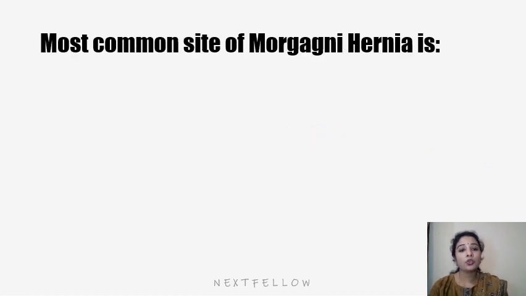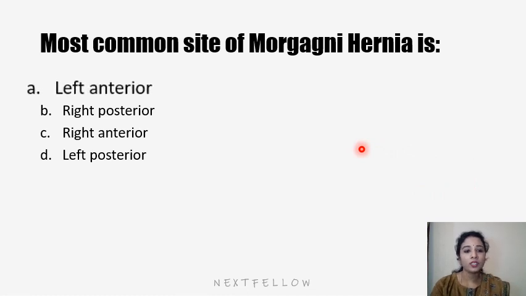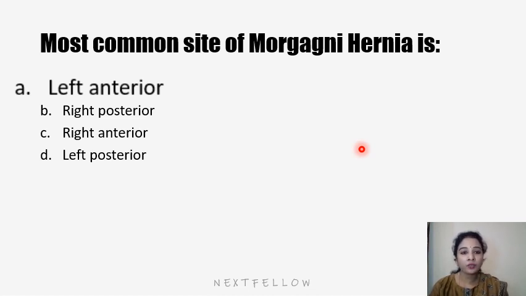Next, the most common site of Morgagni hernia is, I hope you know this answer: left anterior, right posterior, right anterior, or left posterior. Morgagni is a congenital anomaly. Right anterior is most commonly seen. Morgagni hernia is commonly seen on the anteromedial aspect of the diaphragm.